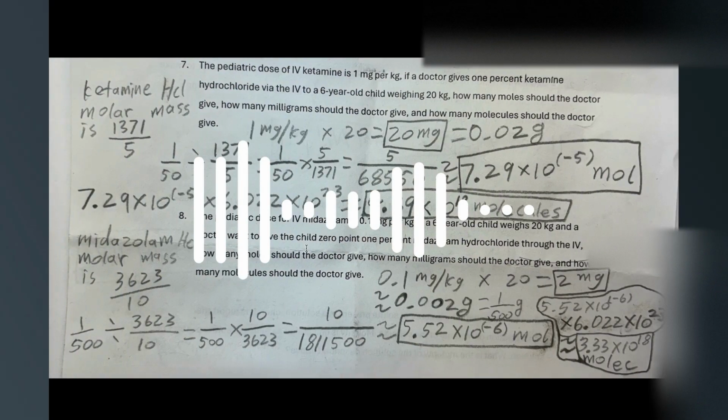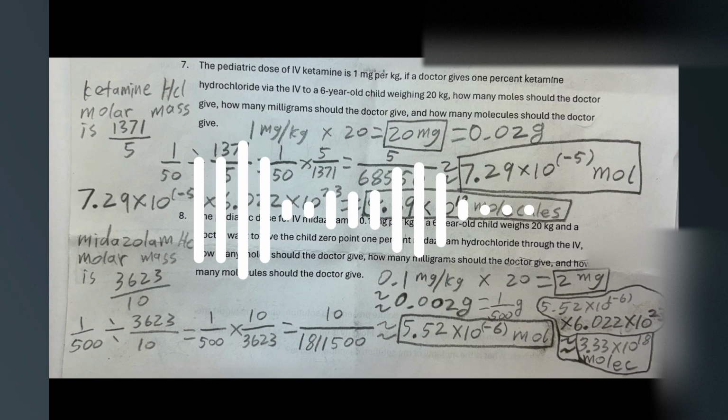And to calculate how many ketamine molecules they're giving, multiply this by Avogadro's number. Avogadro's number is this. 6.022 times 7.29, which is this number here, is equal to about 43.9.